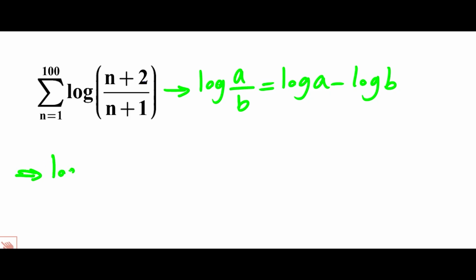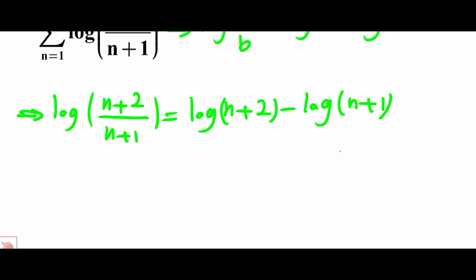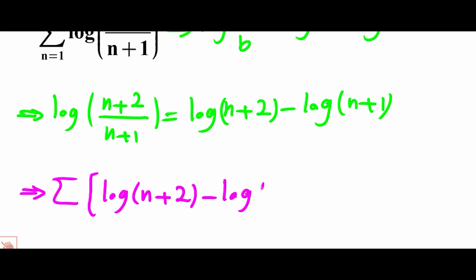So log of (n plus 2 over n plus 1) equals log of (n plus 2) minus log of (n plus 1). So the sum becomes the sum of log of (n plus 2) minus log of (n plus 1) from n equals 1 to 100.